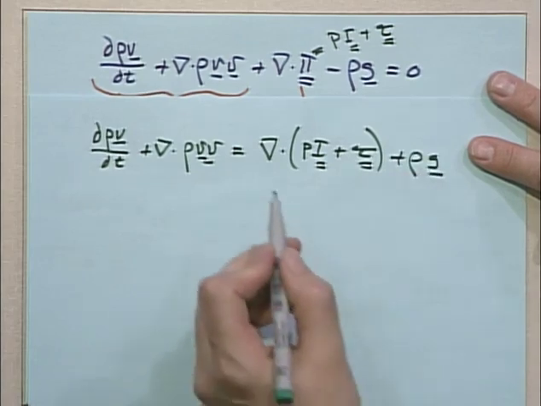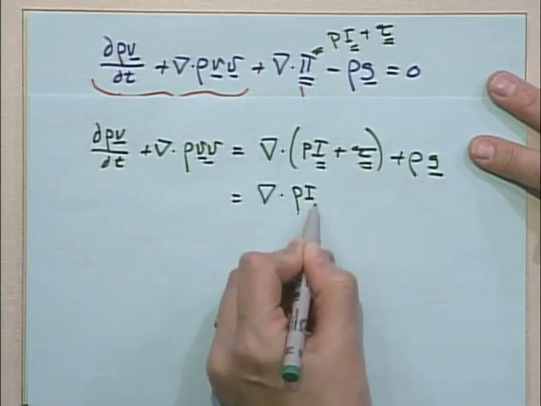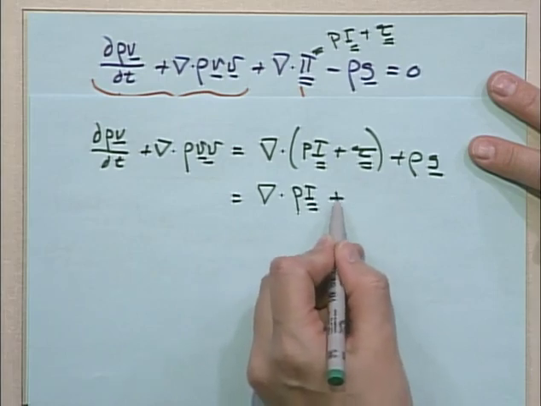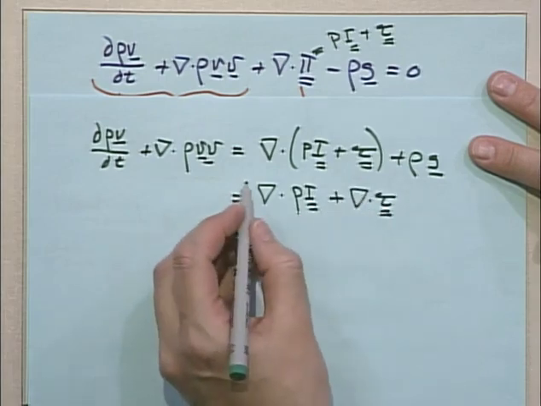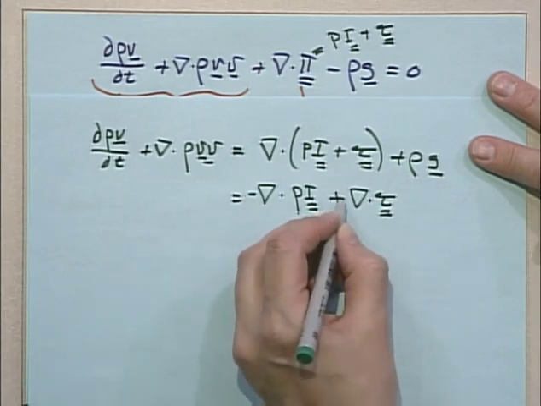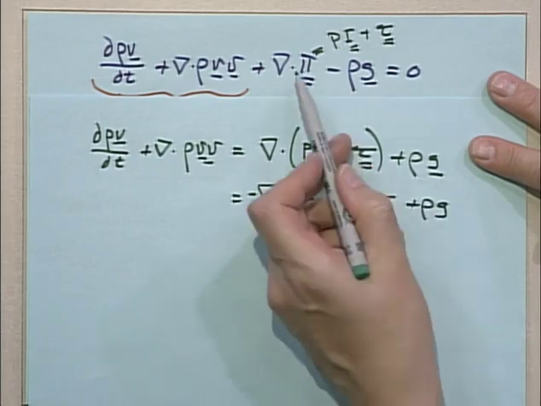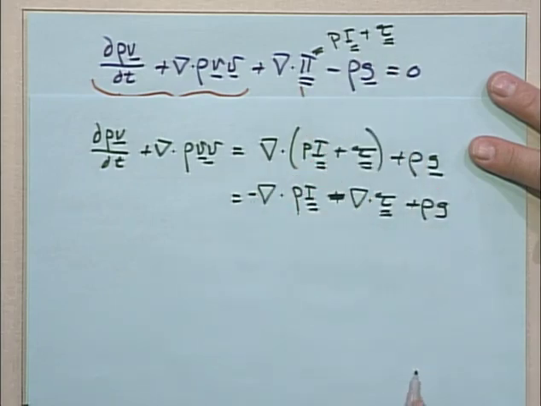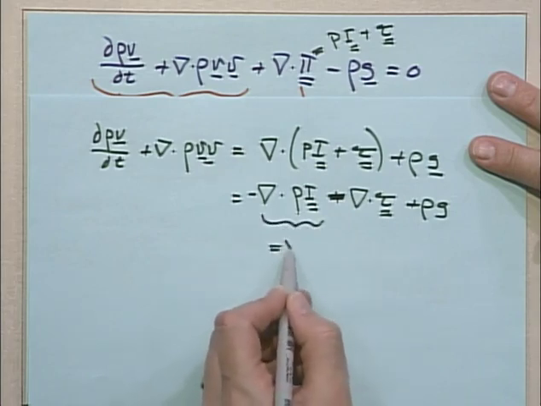You can show that del dot pi, now I'm just distributing these terms here. I have a minus sign missing. Minus sign, minus sign. Because this is on the left side, I moved it to the right. You can show that this is equal to grad p.